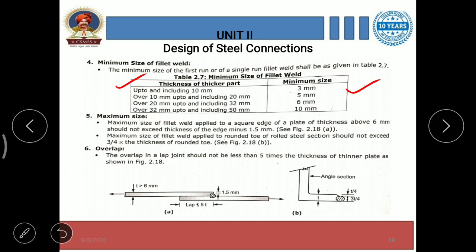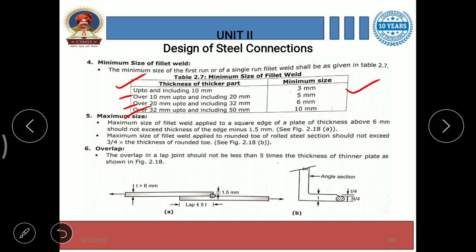Then minimum size of weld is 3 mm; over 10 mm up to and including 20 mm, minimum size of weld is 5 mm; over 20 mm up to 32 mm, the minimum size of weld should be 6 mm; and over 32 mm up to and including 50 mm, the minimum size is 10 mm.